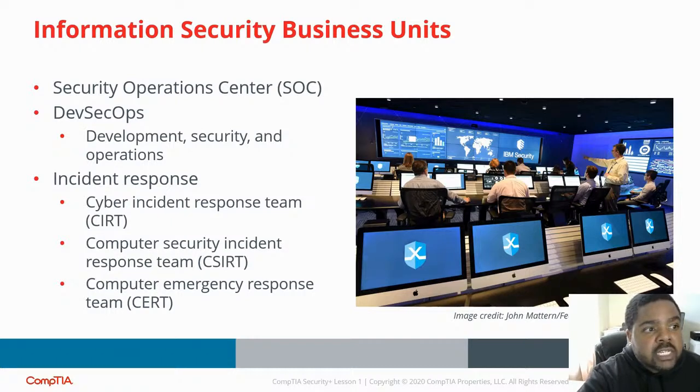You also have teams such as DevOps SOC, which is your developers who also implement security as well as the operations of the business, all developed into one, so whenever we're building applications, we're thinking with security in mind. And then you have an incident response team. This could be referred to as a CSIRT or some type of incident response team.